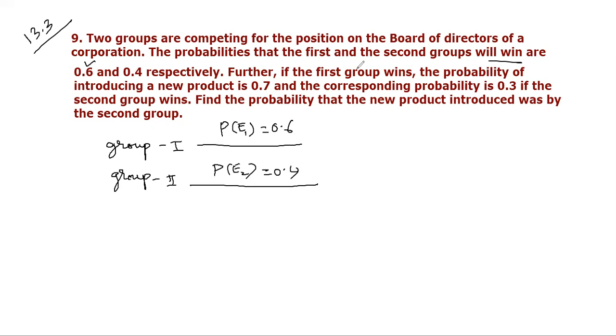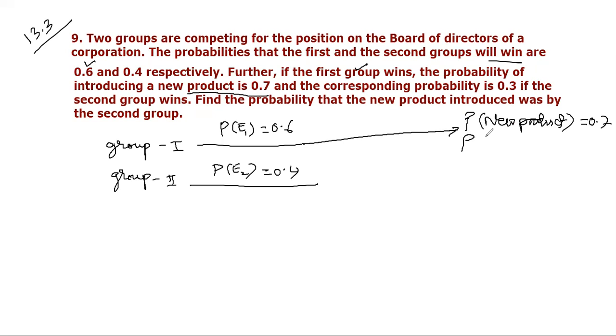If the first group wins, the probability of introducing a new product is 0.7. If they win, then they will have to introduce a new product. So the probability of introducing a new product by group 1 is equal to 0.7. Correct?